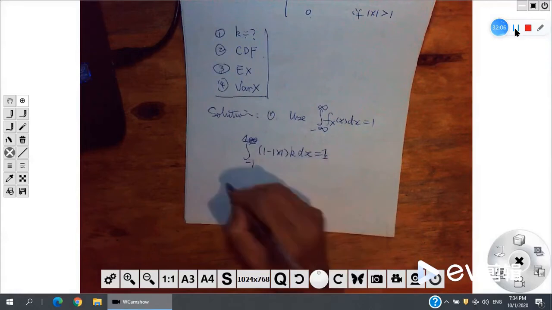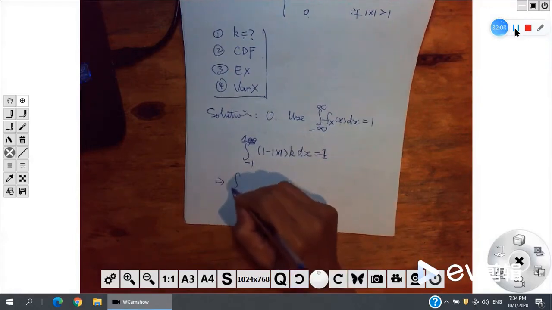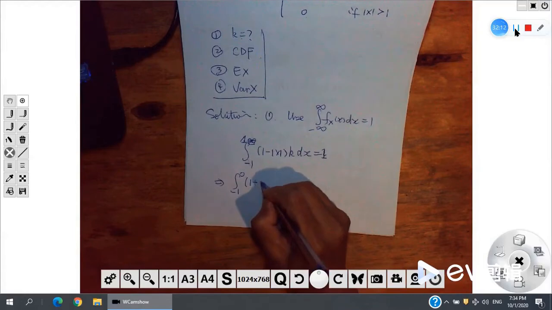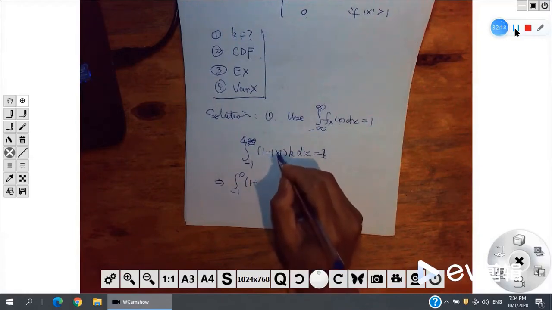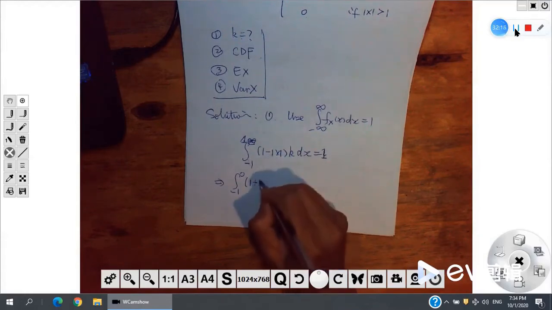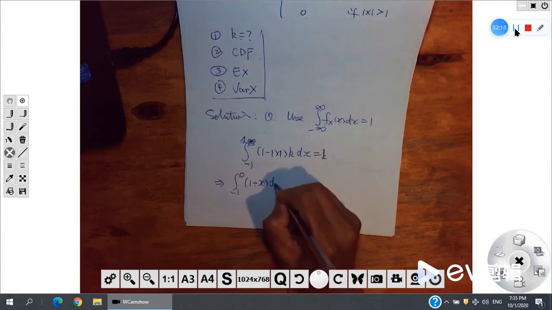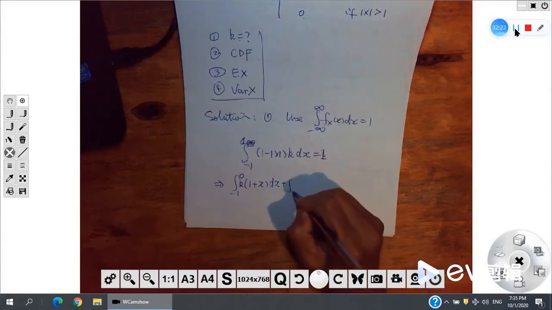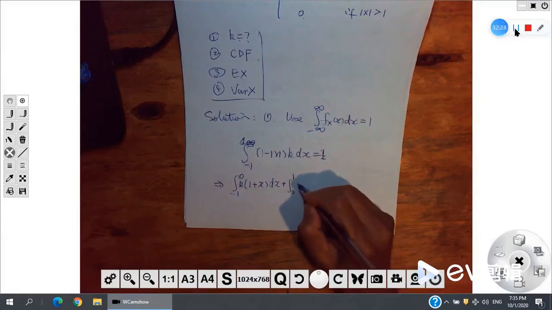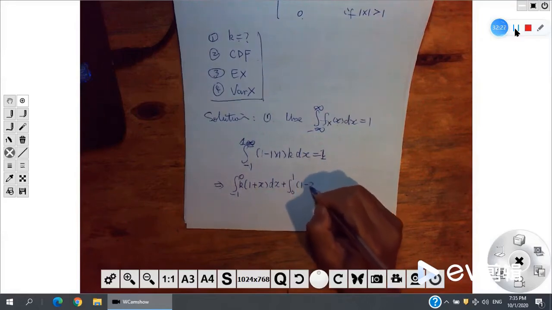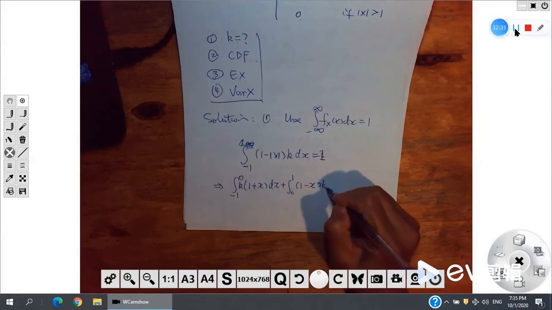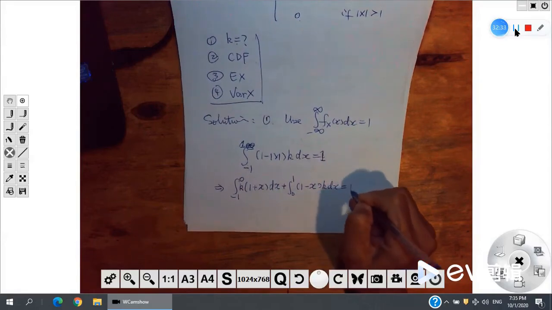From -1 to 0, the absolute value of x is negative x, so this is (1 plus x) dx times k. And plus from 0 to +1, this will be 1 minus just x, the absolute value of x is just x, times k dx, equal to 1.